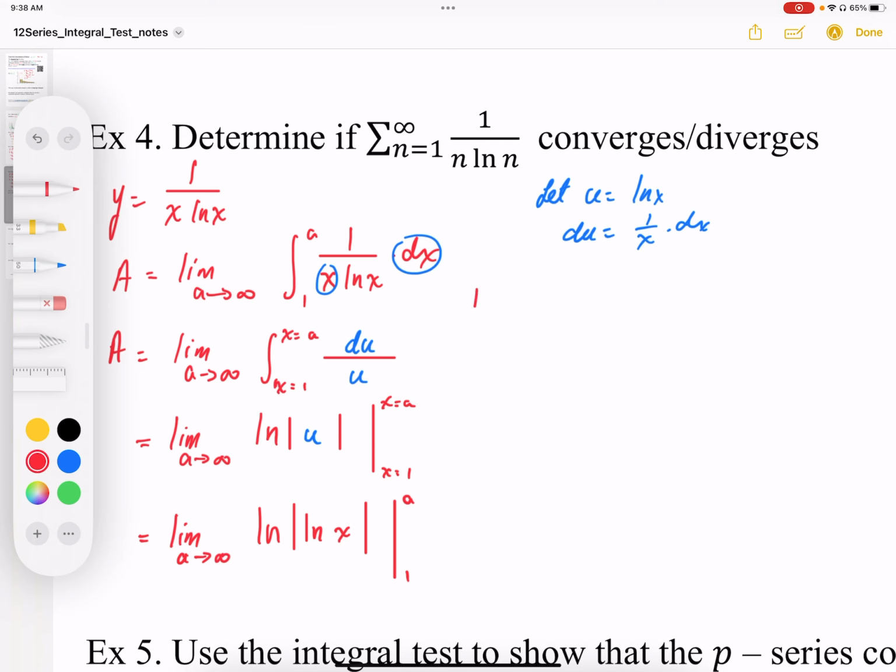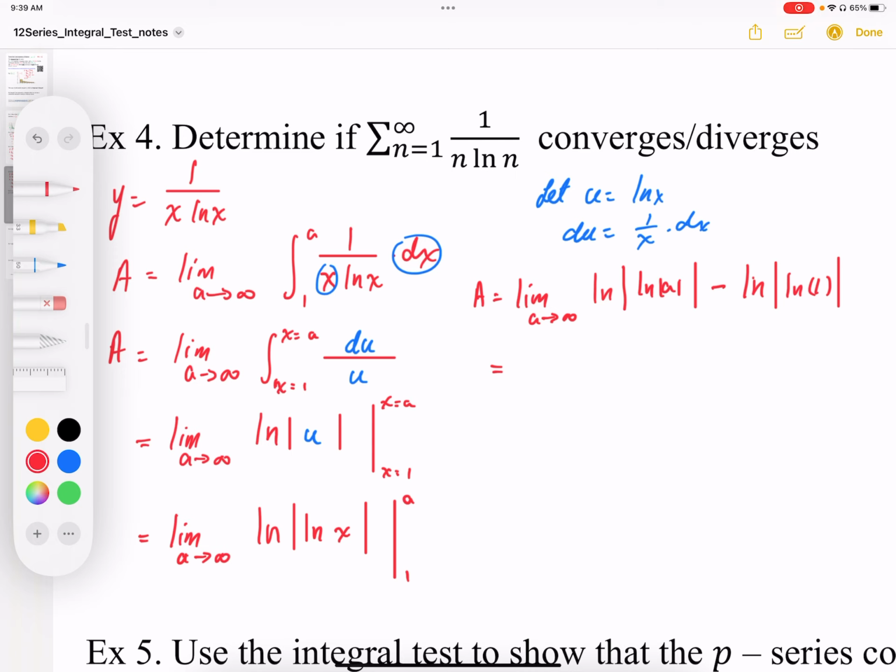Doing our substitution of our bounds, we have the limit as a approaches infinity, log of log a minus log of log 1. Okay, and then inputting, log 1 is going to be 0, and we end up with log of 0.